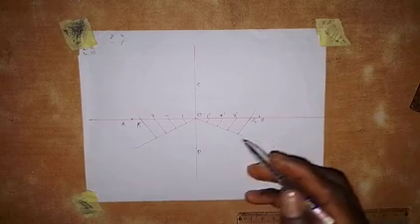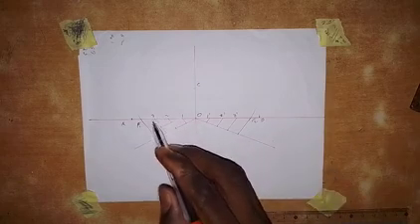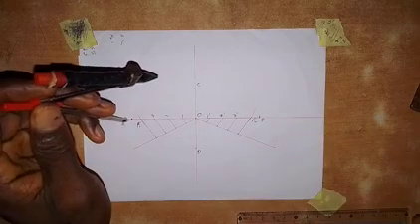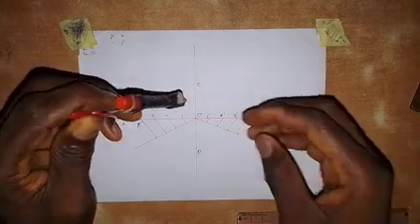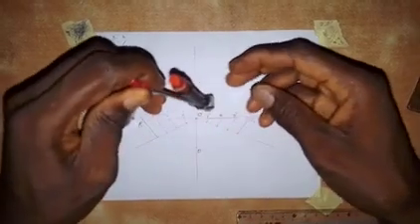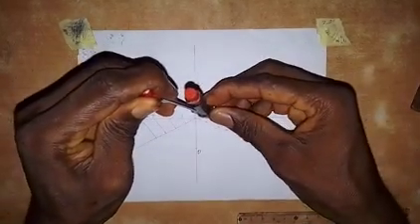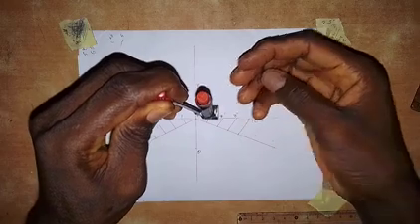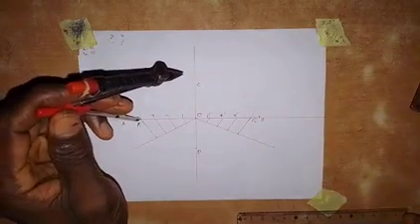So here we have 1, 2, 3, and then we have 1 prime, 2 prime, and 3 prime. Okay, so from point A here, we extend the compass to 1 prime on this side. So we take this distance from A to 1 prime, then raise it up, put the center at F1 here.